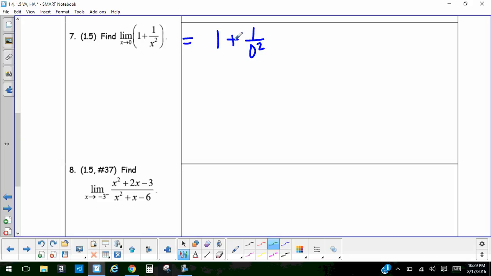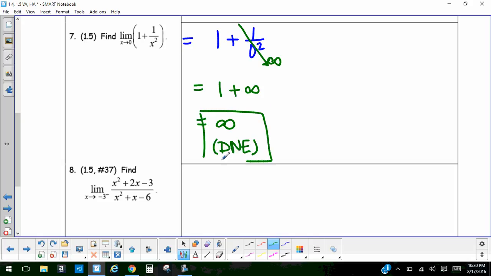So this approaches infinity, and it turns into 1 plus infinity. And we talked at the very beginning, adding 1 to infinity doesn't change the fact that you're still at infinity. We can clarify that this limit doesn't exist, but we're going to be specific and give what information we know.